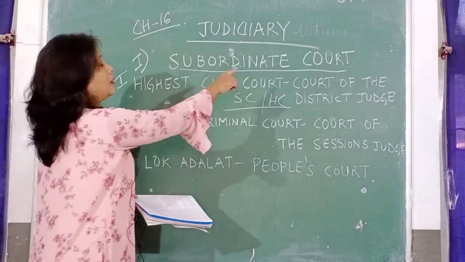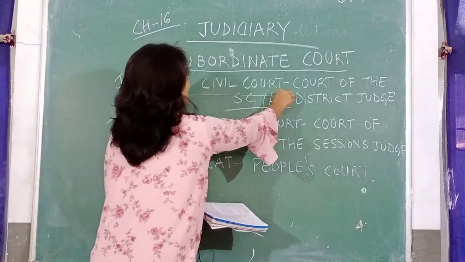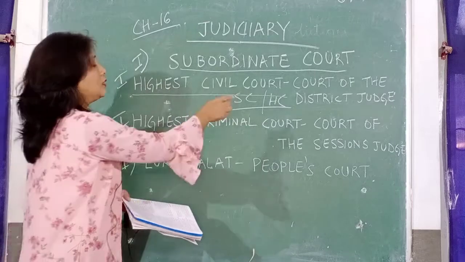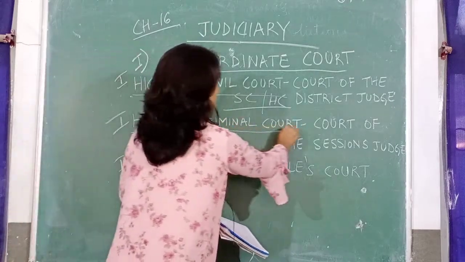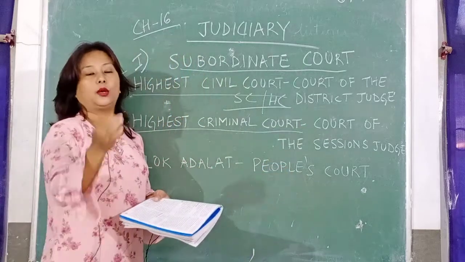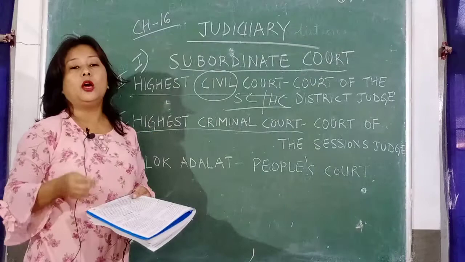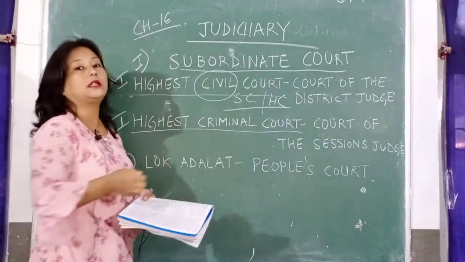Now here, the court of the district judge in the district is considered to be the highest civil court, whereas the court of the sessions judge is considered to be the highest criminal court. What kinds of cases does a civil court deal with?